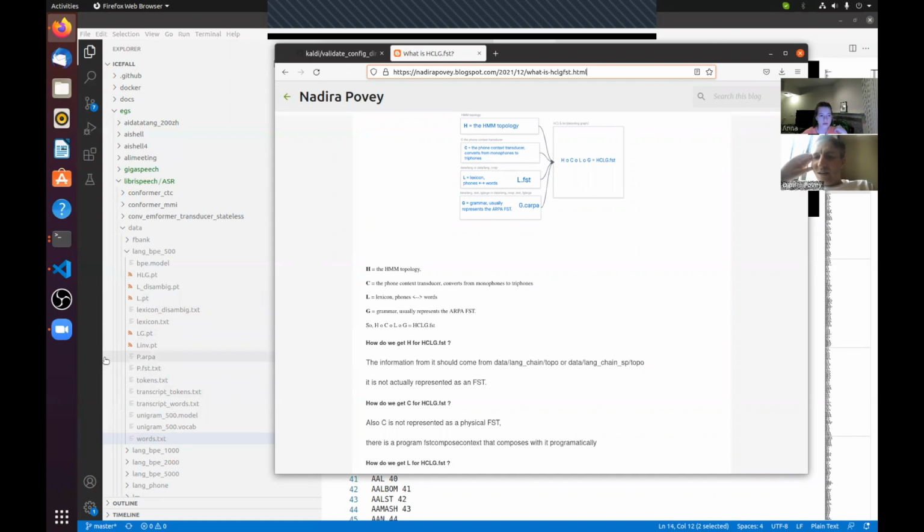Good question. The C is for context. Back when I was starting out, in fact for decades, we had these context-dependent phones. The idea is that the English language has, let's say, 30 or 40 phones, sounds like s, k, u, a, but they're sometimes pronounced differently depending on what the previous and next phone are.